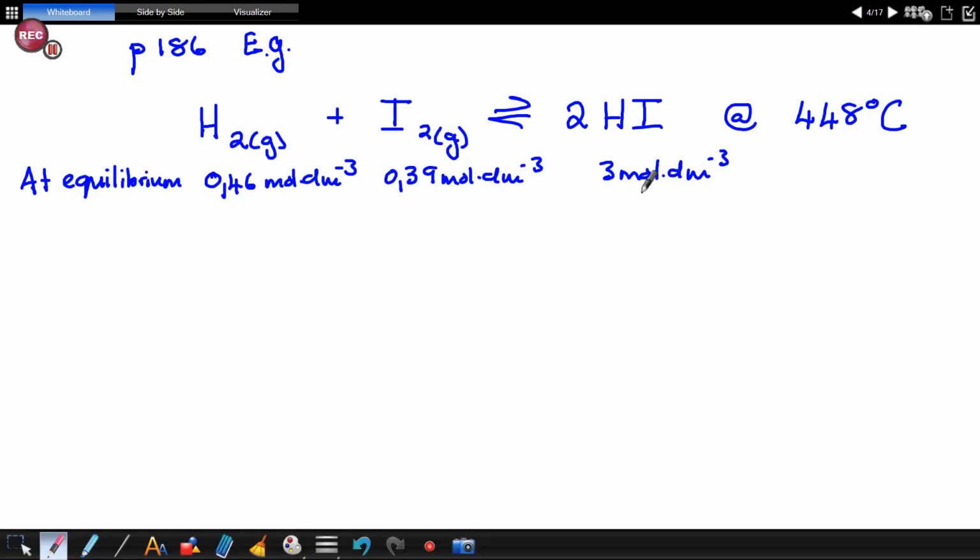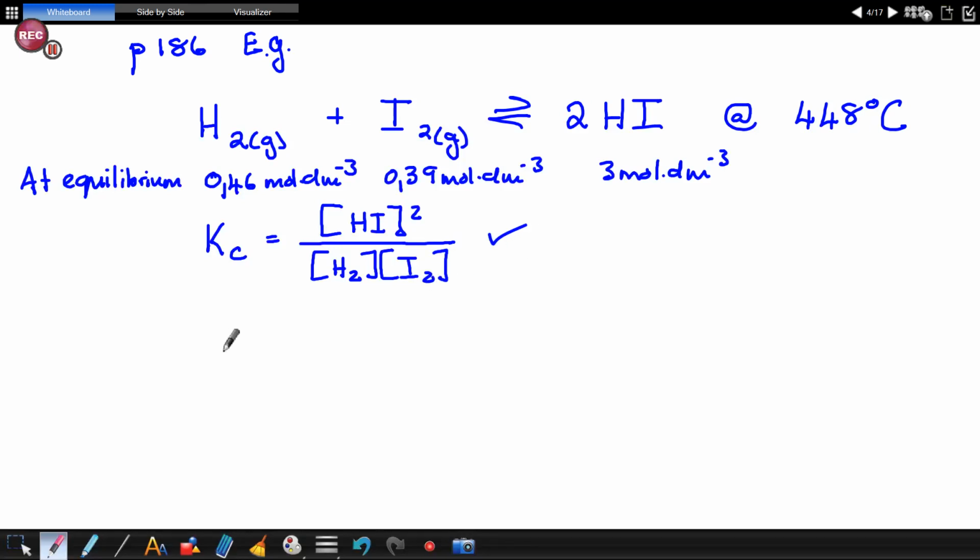Please follow my advice and answer the question like this, because it's a whole process of thinking that is going to bring you to the answer. So what is Kc? It is the concentration of hydrogen iodide to the power 2 divided by the concentration of hydrogen times the concentration of iodine. So that is your first mark.